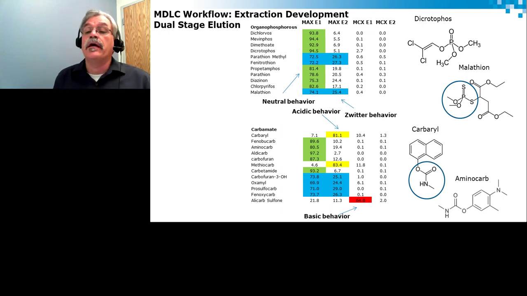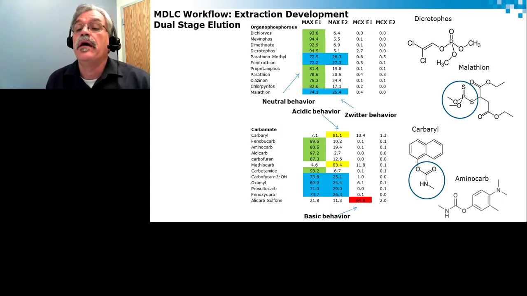So we have a kind of assurance that if it's not retained by the first stage, it would be retained by the second one. If these compounds behave as basics, they should be retained on the reverse phase portion of the sorbent. So we can see that we have 3 compounds, on the other hand, that have a zwitterionic type of behavior. The rest utilize neutral.